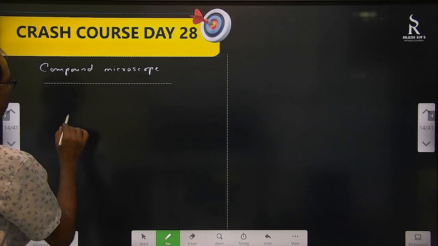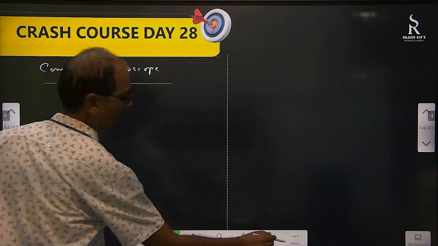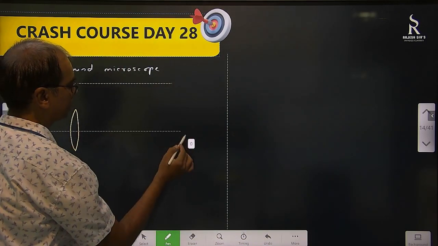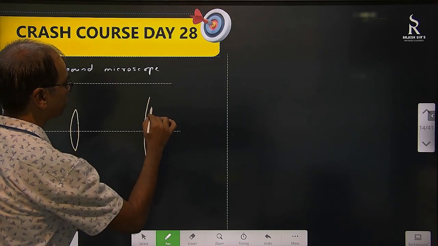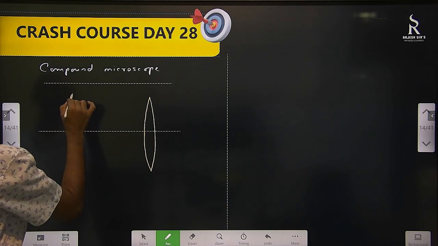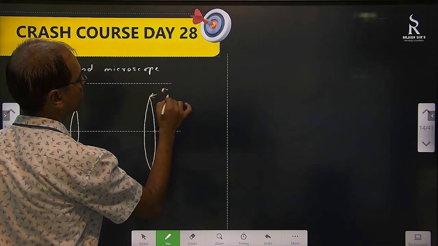Okay. So here is lens number 1. And let's assume that this is the axis on which we are going to get the other lens also. And this is the other lens. Okay. Now this is called objective. And this is called eye lens or eyepiece.